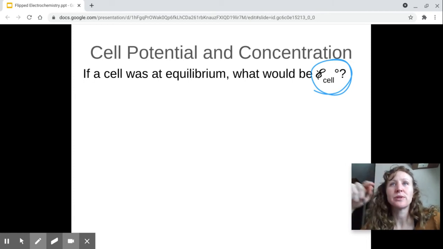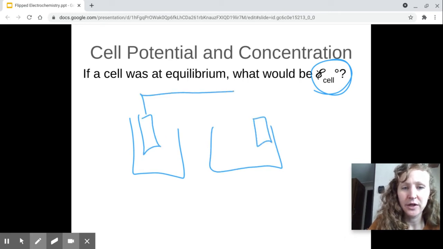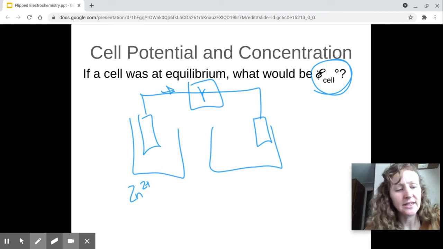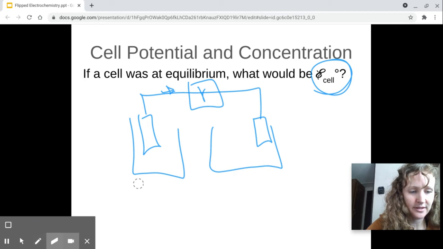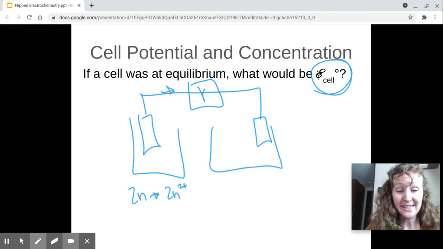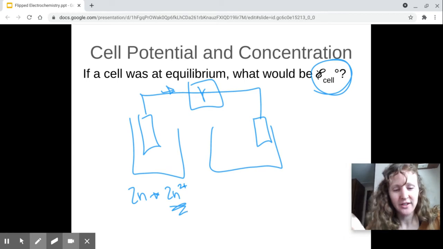As a reaction proceeds forward, think about our cell setup. As electrons flow, as solid zinc is turned into the zinc ion, does the concentration of the zinc ion stay the same, or does it change?